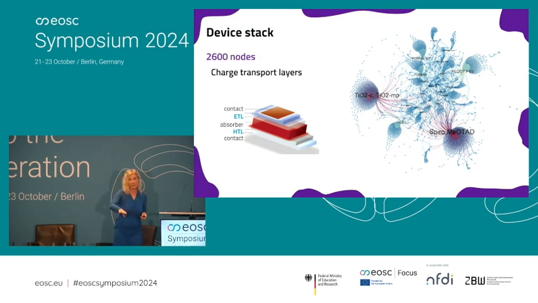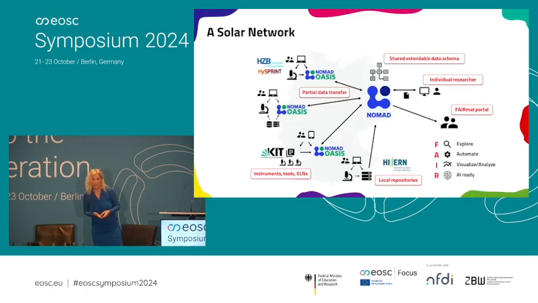And believe it or not, people have used 2,600 combinations of such transport layers. So again, there is no person on earth who can keep all this in mind and make sense out of this. And this again tells you that we need automatic tools and electronic tools to work with this. So a snapshot thought about Oasis. You see here we have already built a solar network.